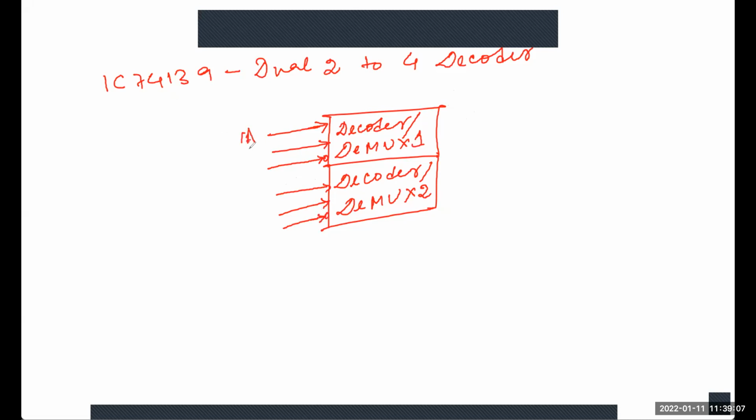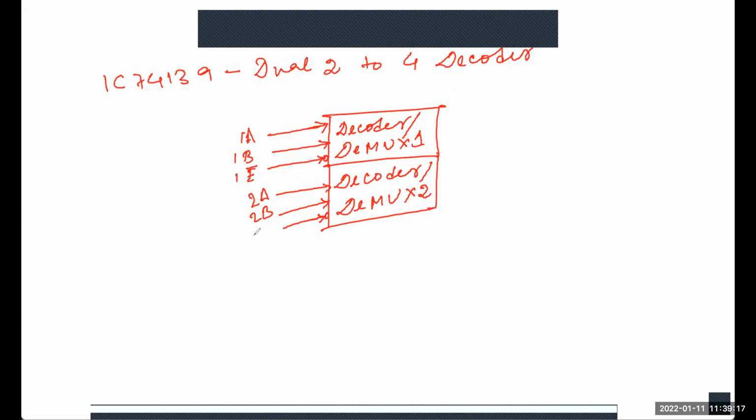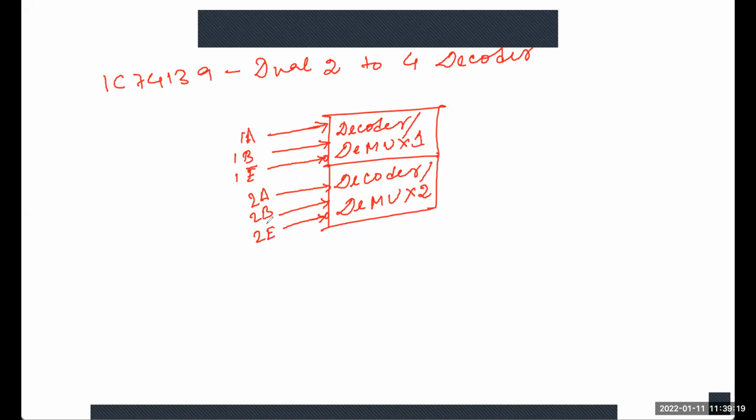This is 1A, 1B, and 1E bar. And this is 2A, 2B, and 2E bar. This is 1, 2, 3, and 4.